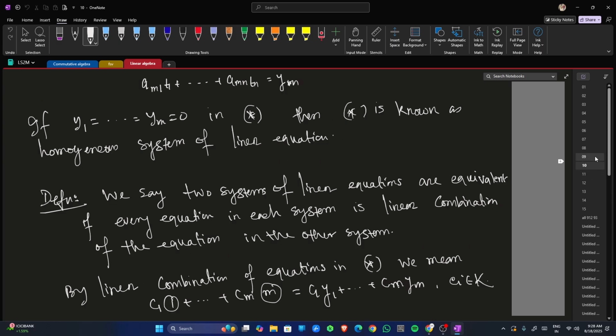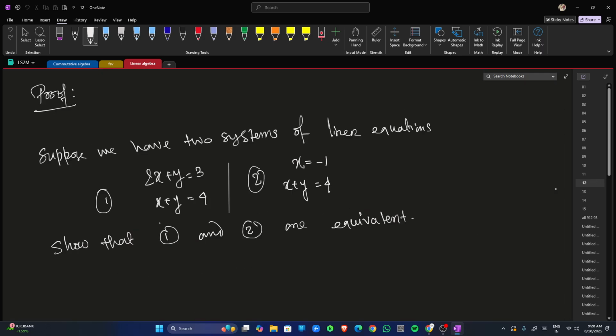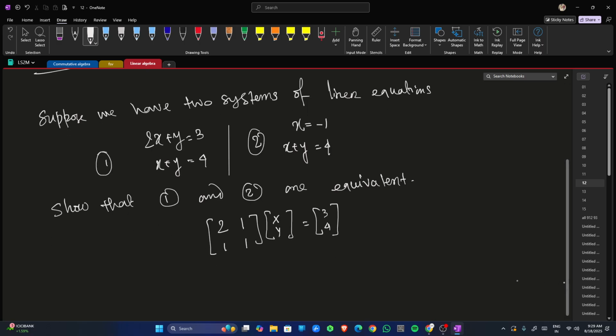You can take the motivation from here. Suppose you have this system of linear equations. Let's write it in matrix form: the matrix times xy equals 3, 4. What you can do is take the matrix 2, 1, 1, 1, and multiply the bottom row by 2.